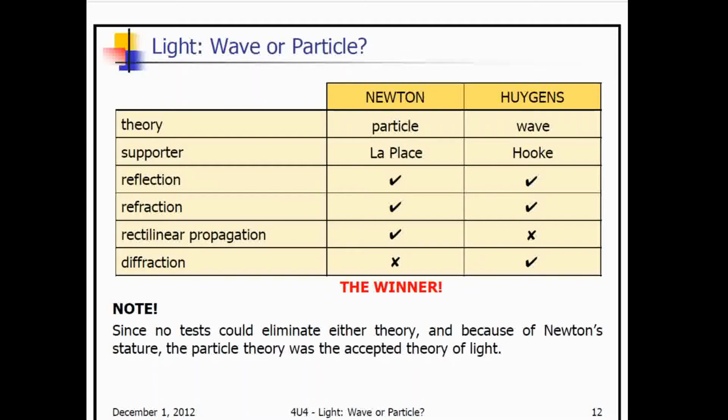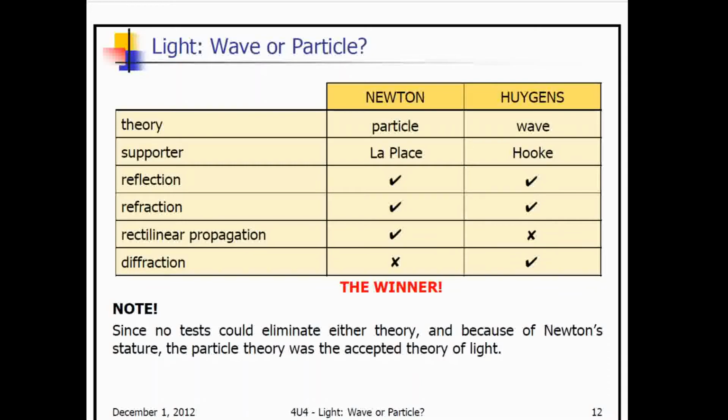Reflection, refraction, and rectilinear propagation. Reflection and refraction were both well explained by either theory. Rectilinear propagation was explained well by Newton's theory. But when it came to Huygens' theory, it was difficult to understand how we can have propagation of light, if it was a wave, in the vacuum of space where there are no particles.